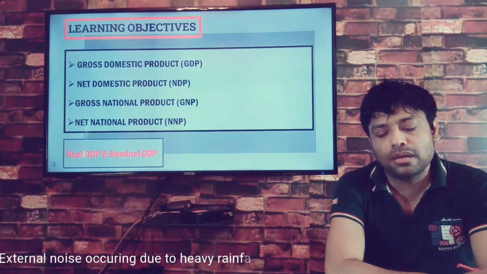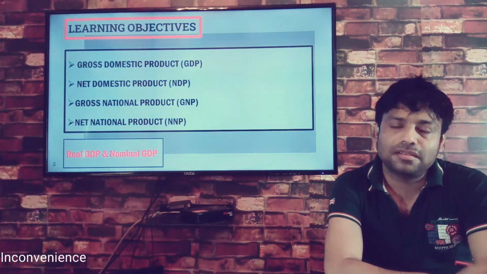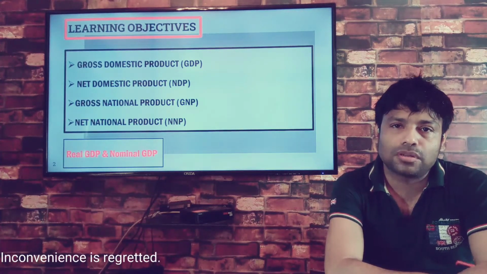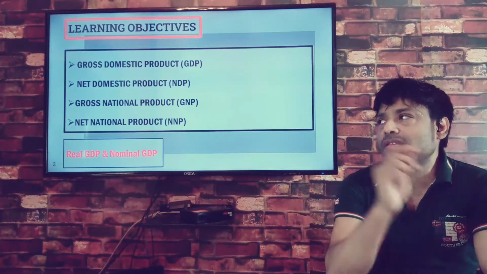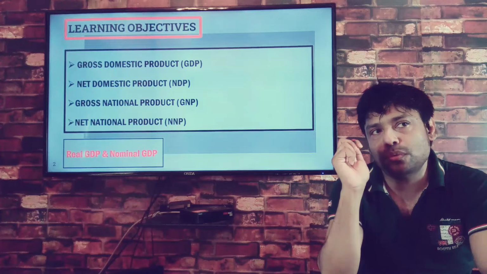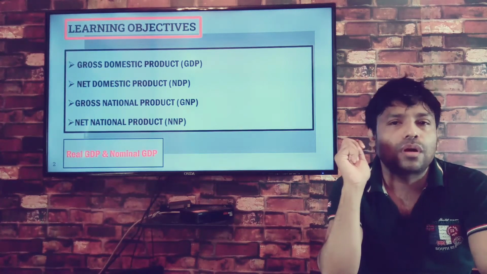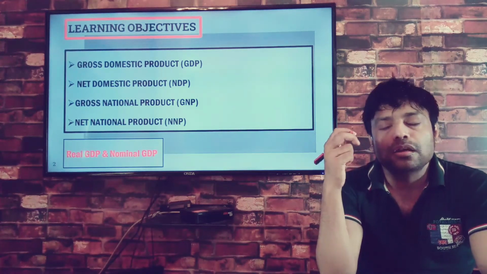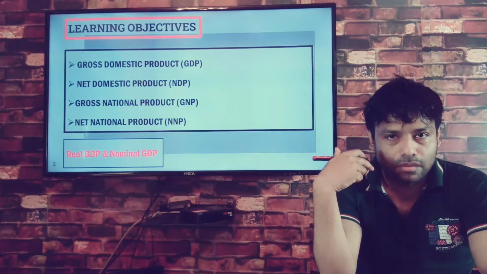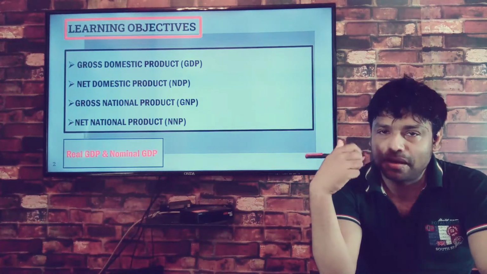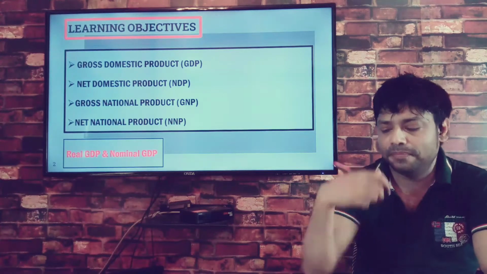Before I move to the next slide, I must tell you one thing which is very important to remember, that these four aggregates have two different versions or approaches. I mean, each of the aggregates have to be studied at factor cost and market price individually.